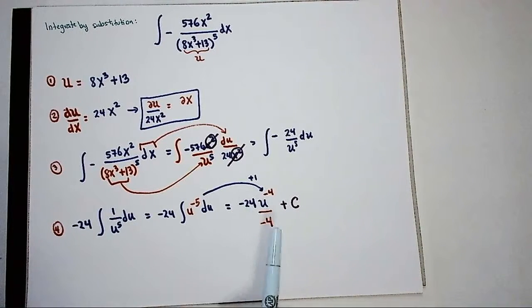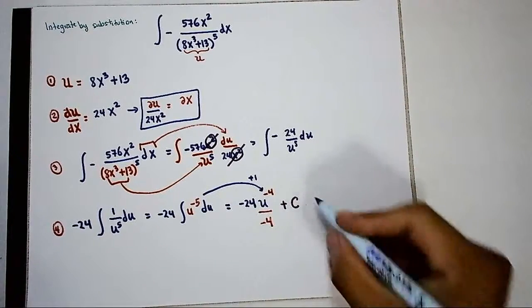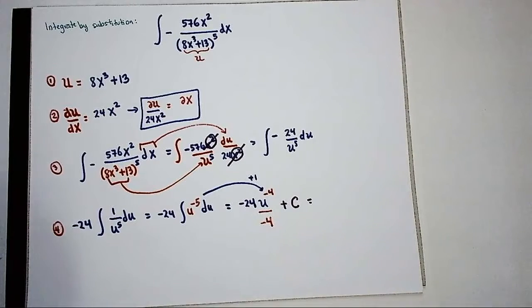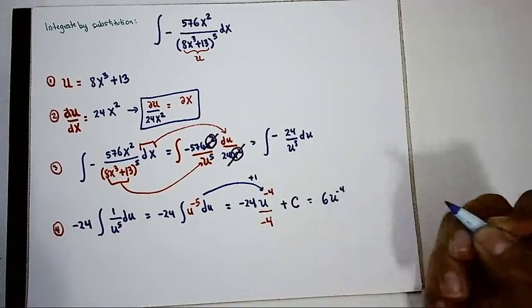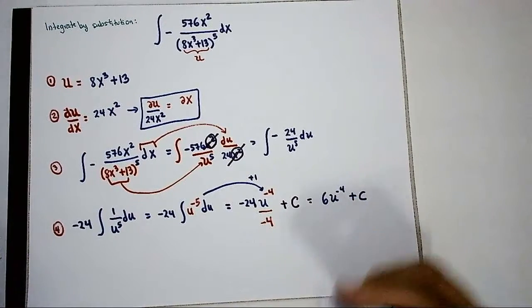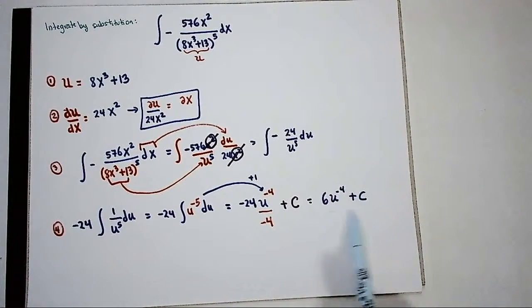Minus 24 divided by minus 4 is equal to 6.